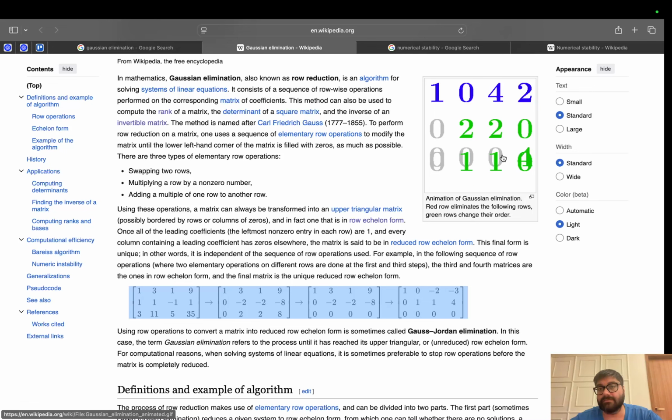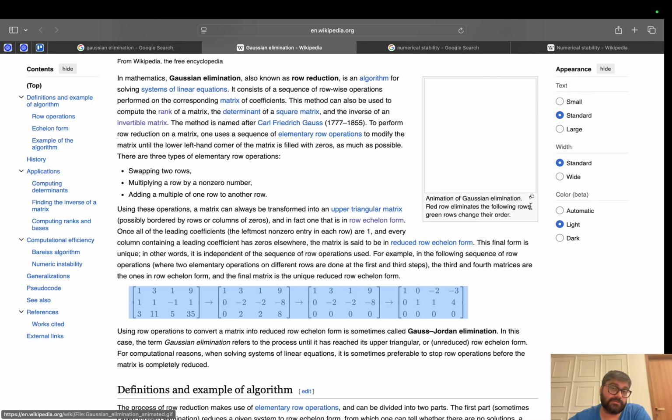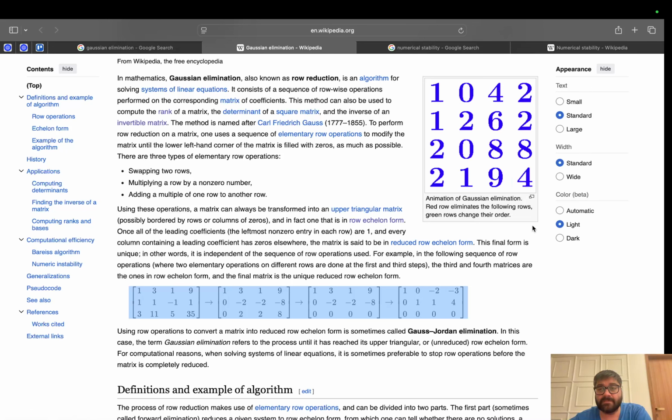You can swap things around, that's an elementary row operation right there. And here you have a row that's all zeros. That actually just tells you that there isn't a unique solution to the system of equations. Another way to figure that out before you get into the process of Gaussian elimination is to just figure out the determinant.